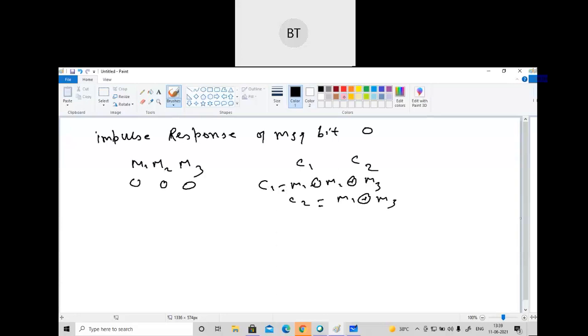Now I'll start with 0, because I am dealing with the impulse response 0. The bits will be shifted, and you will get 0, 0. Now one more 0 is put in, and this 0 moves along, and you get 0, 0. Now one more 0, and you again get 0, 0.